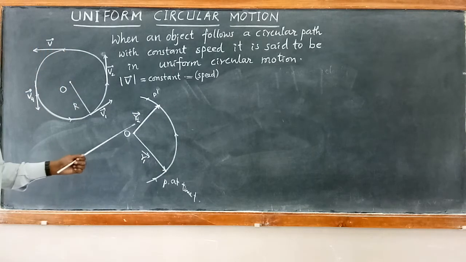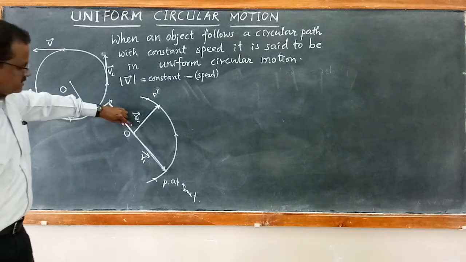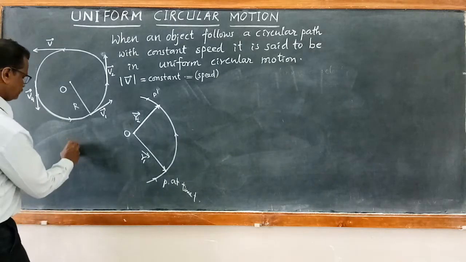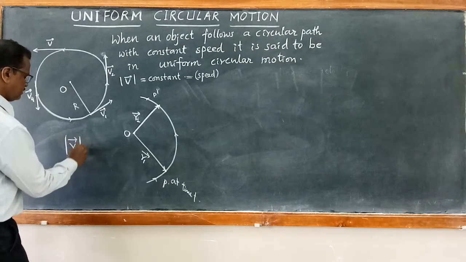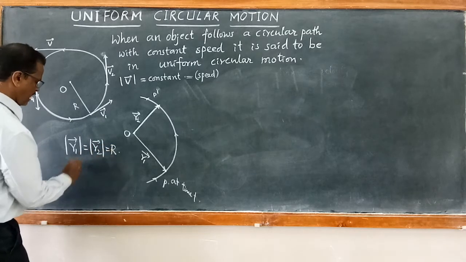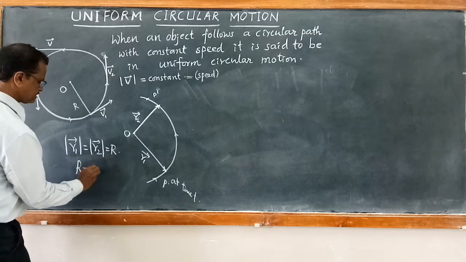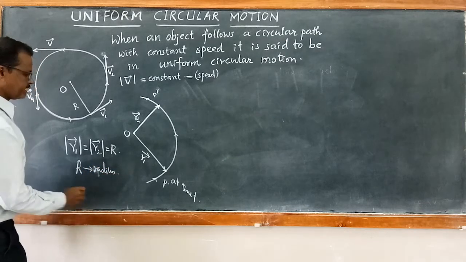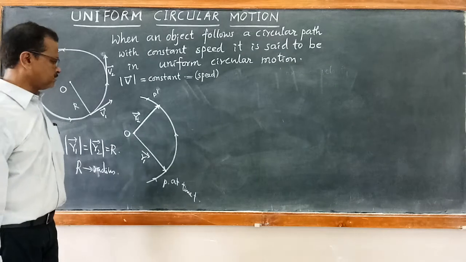Although the magnitudes of R1 and R2 are equal, because the length of R1 and the length of R2 give you the radius, magnitude of R1 equals magnitude of R2 equals the radius. Let us say R is the radius of this circular path.